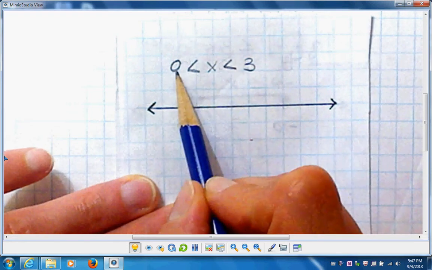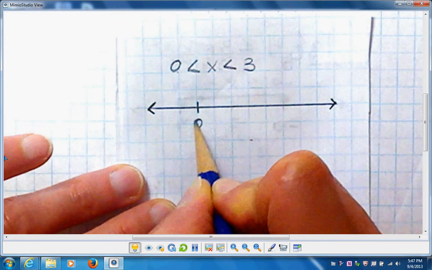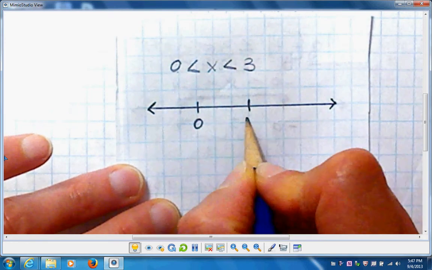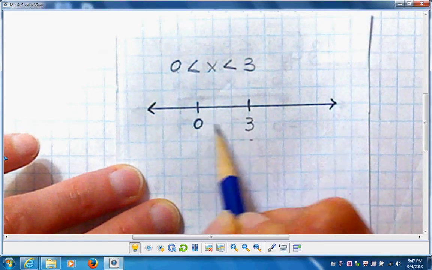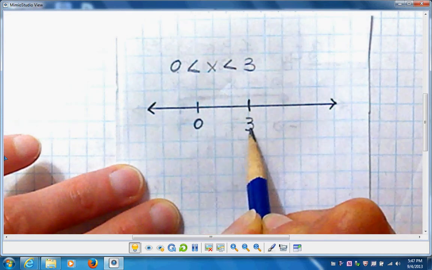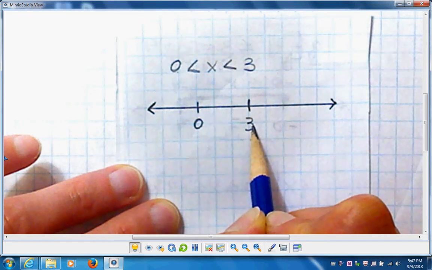So I know that I have 0 on one end and I have 3 on the other. So it's 1, 2, 3. I have to find the halfway point. What's the halfway distance between 0 and 3? Well, that's going to be 3 divided by 2, which you could say is 1.5 if you wanted to.